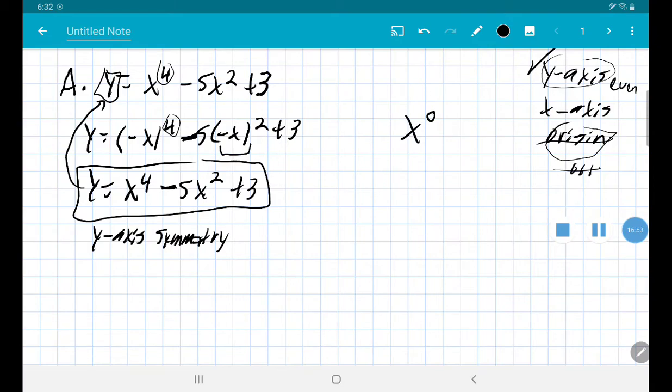Well, I want you to examine this thing: x to the power 0. Hopefully you remember in your Algebra 2 class that whenever you take something to the power 0, a to the power 0 equals 1. So this 3 is like saying 3x to the 0, and 0 is an even power.